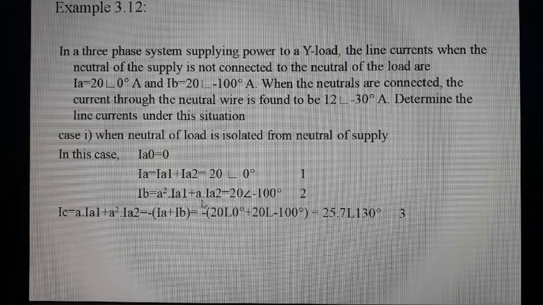Ib is A square Ia1 plus A Ia2. Ib0 is also 0 and the Ib value is given as 20 at an angle minus 100. Ic is A Ia1 plus A square Ia2, that is minus of Ia plus Ib. When we consider minus of these two values, it is 25.7 at an angle 130 degrees.